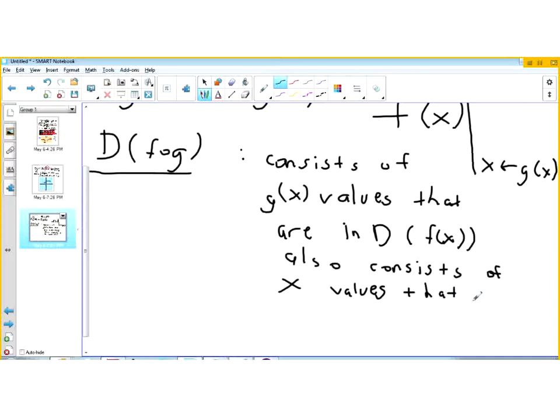So you have to be careful when you specify the domain of a composition, because it's effectively almost kind of like an intersection of two sets, but not quite an intersection. So let me give you an example of a composition. Let's do a rather sophisticated one.